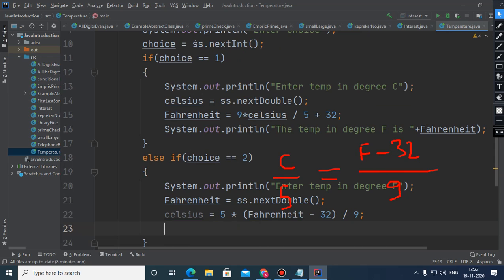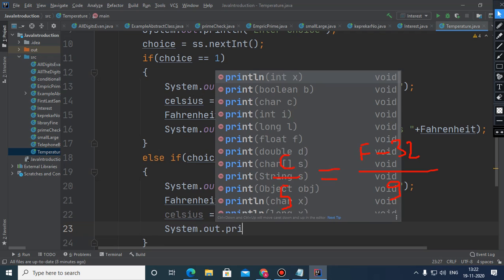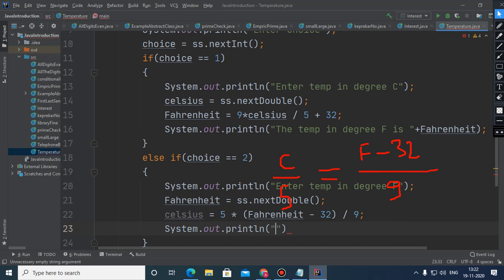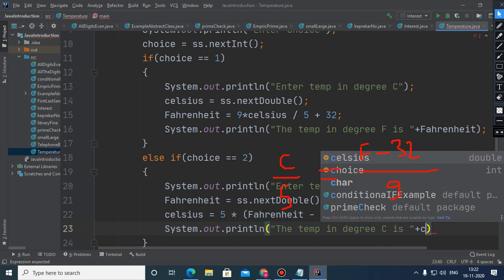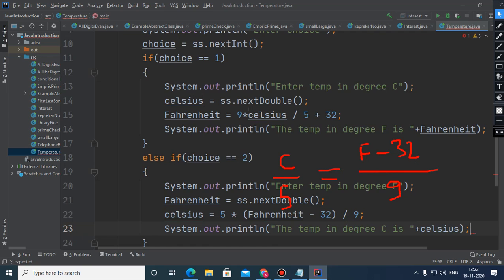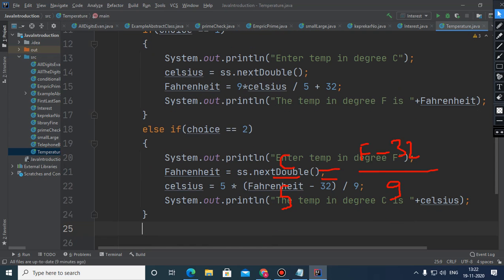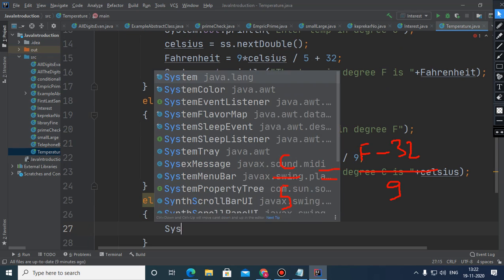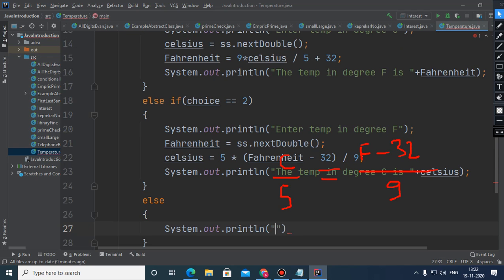This is the formula making Celsius as a subject. And after that, we can write simply the temperature in degree C is Celsius. This is what I have done. Then it will come else part, and here we have to write functions.